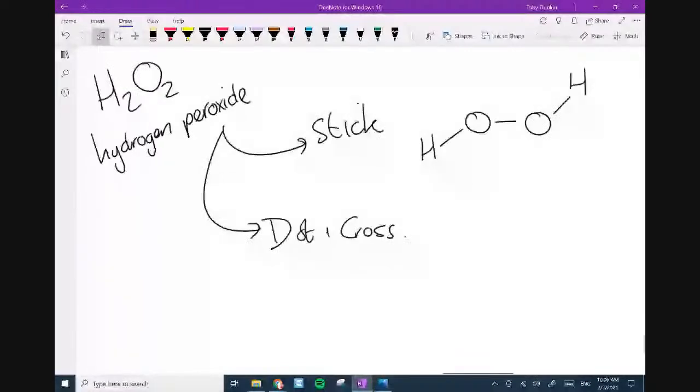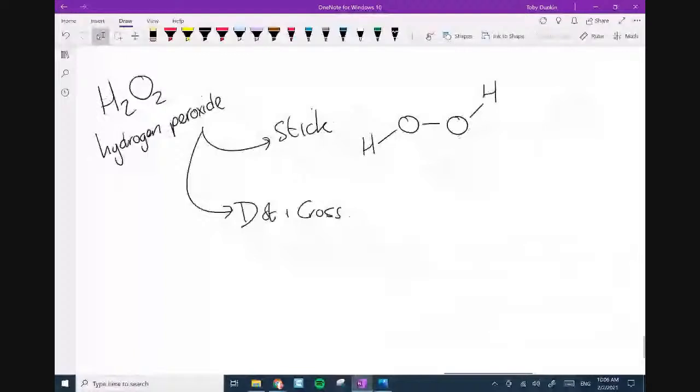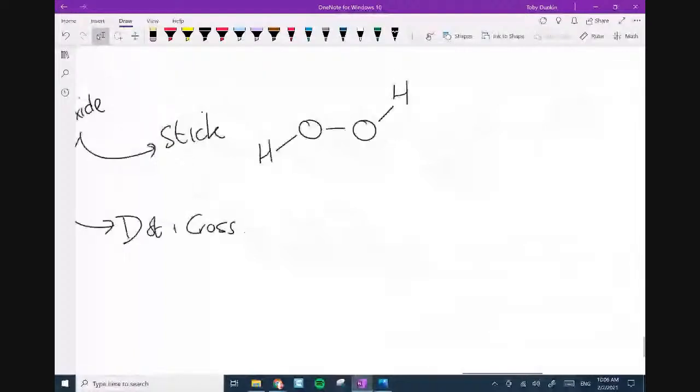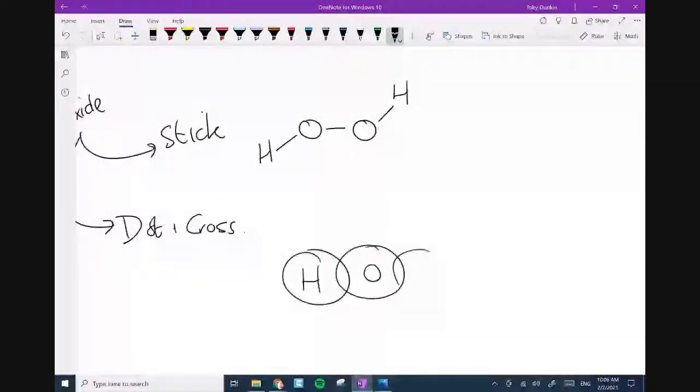Right. So now we can turn this into dot and cross. Hydrogen, oxygen, oxygen, hydrogen. I've lost my mind. My mind is mush. Dot, cross, dot, cross. Oh, 2 bonds, it works. Dot, cross. Winner.